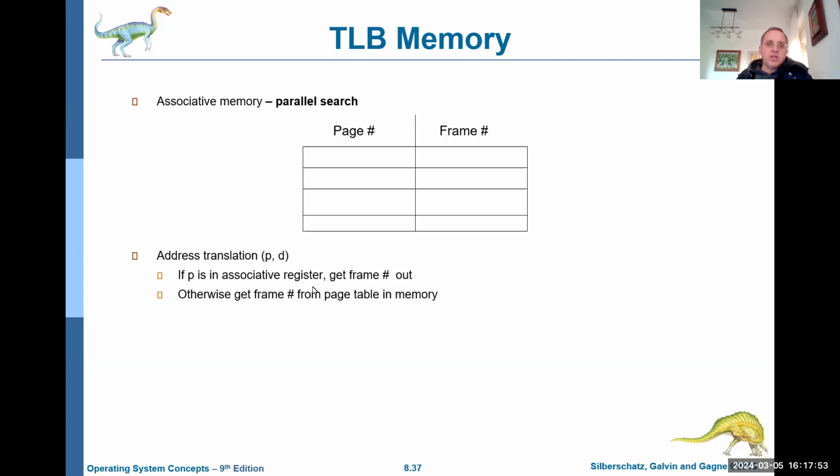If P is in an associative register, get the frame number out. In other words, we call these lines registers because they're very fast memory. Register is like another word for very fast memory. So if P is there, we get the frame. Otherwise, you have to go to the page table, which is memory, and it's going to be slower.